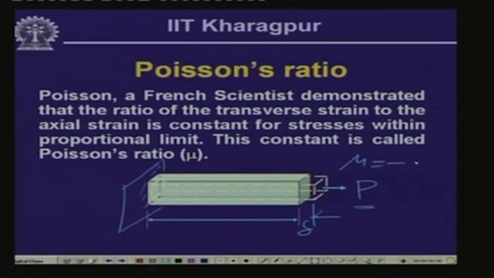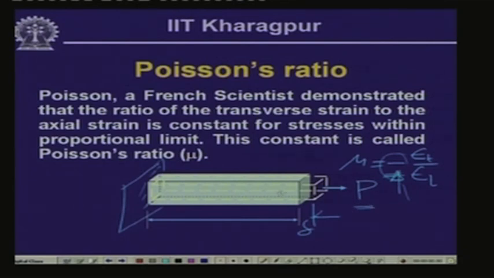So far as the definition of Poisson's ratio is concerned, it is the ratio of the lateral strain to the longitudinal strain. And if you remember, we had designated this mu as minus the transverse strain to the longitudinal strain. Remember that we put this sign as negative, because when the bar is pulled by an axial tensile pull, there is contraction on the other sides, and this negative sign indicates that there is contraction.